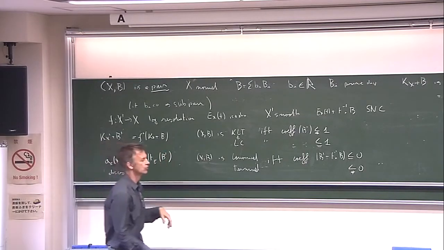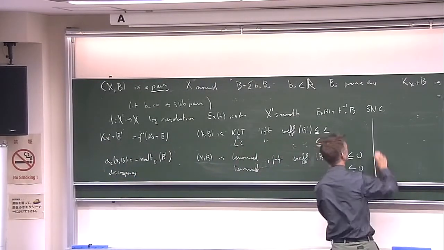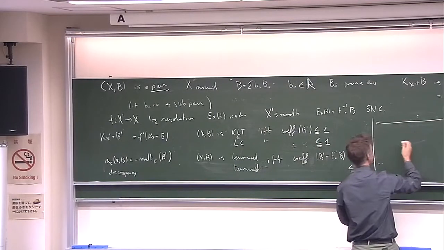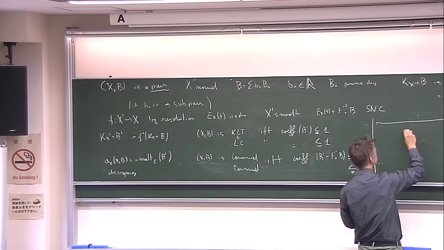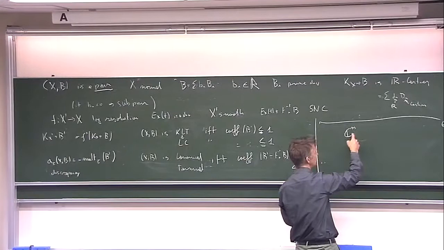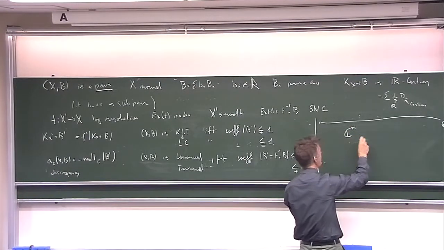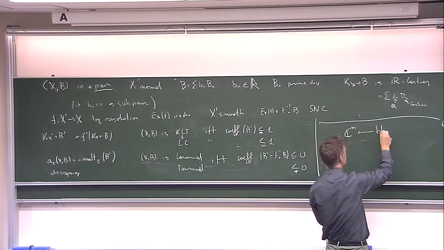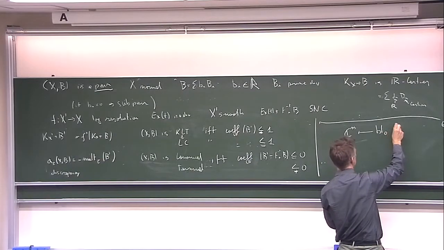So let's do our first computation. Let's say we have C^n, or any smooth n-dimensional variety, and I blow up a smooth point, in this case the origin of C^n.